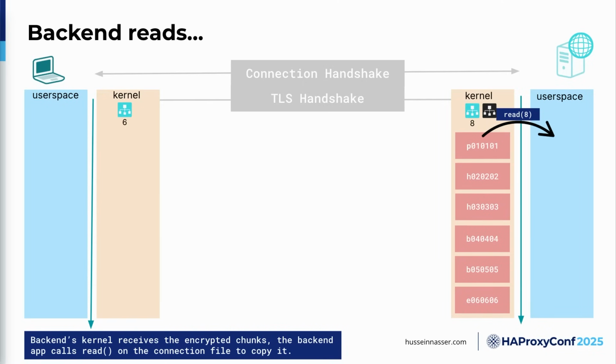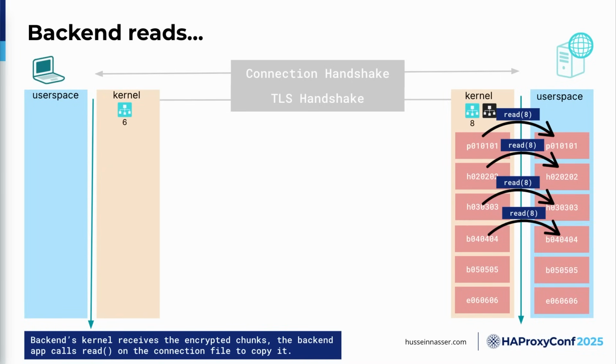So now we're calling read on fd 8, on the connection we created on the server side. And then we copy it. That's another CPU copy. And we keep copying until we have the entire encrypted chunks in the user space. Sweet.